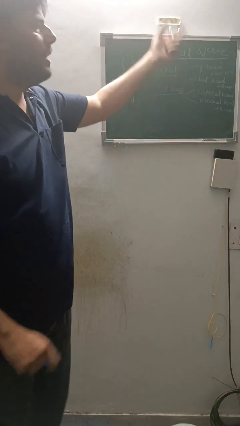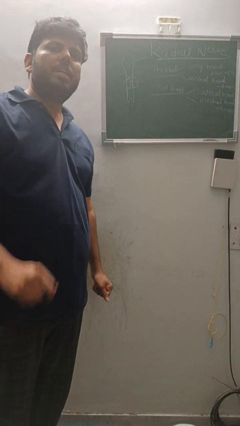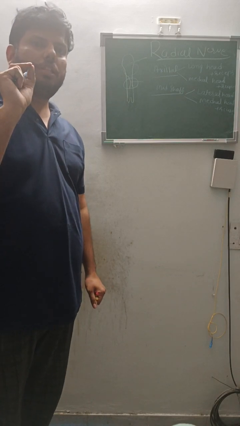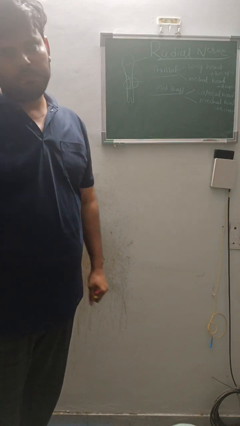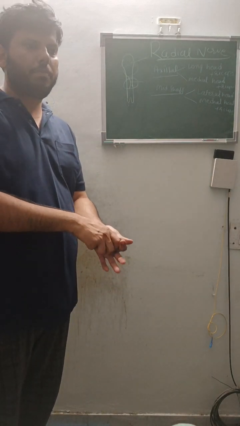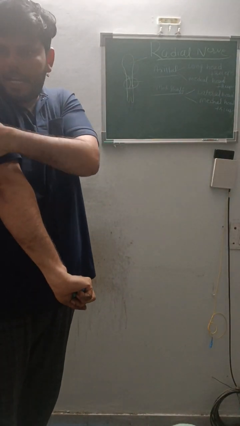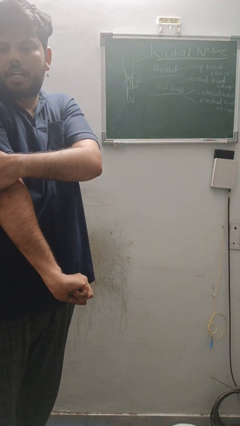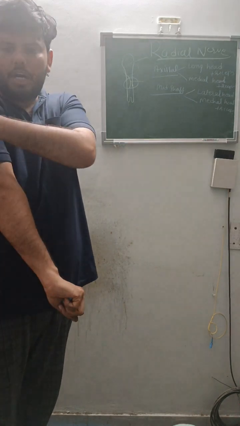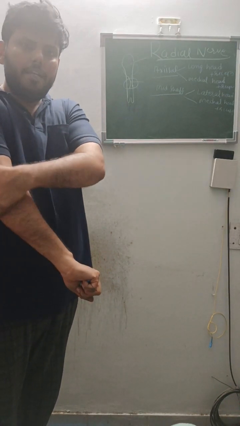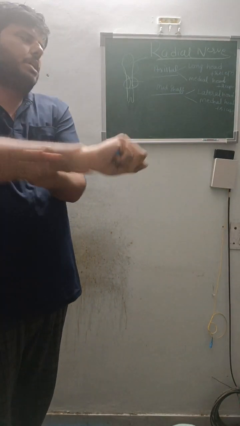So you can call the radial nerve the extensor nerve, because it exclusively supplies the extensor compartment of your arm and forearm, the posterior or extensor compartment.